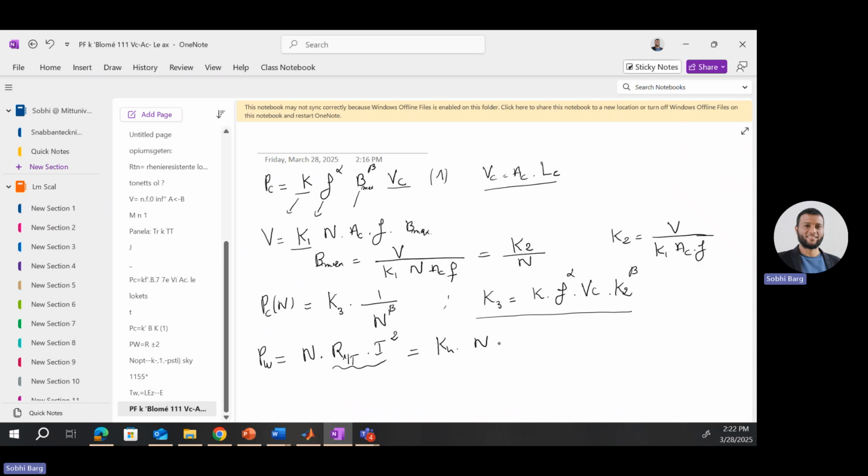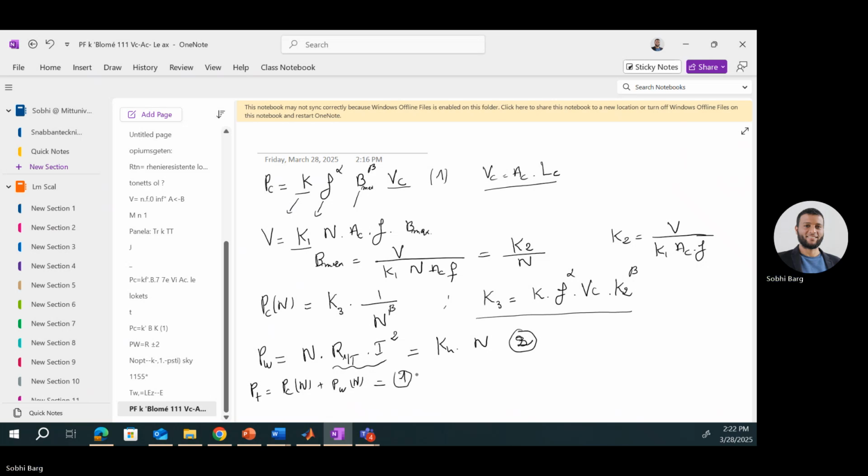In order to determine the optimal number of turns, we need to calculate the derivative of the total losses with respect to the number of turns. The total losses is the sum of core losses as a function of n plus Pw as a function of n. We take this equation number 2 and this equation number 1.